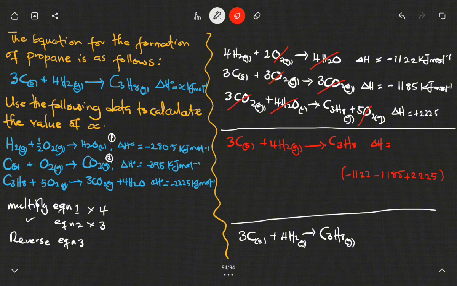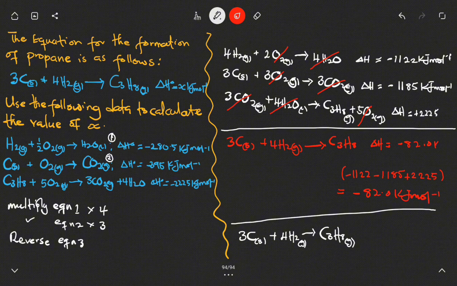And if we add all of this, we are going to have the enthalpy change to be minus 82.0 kilojoules per mole.